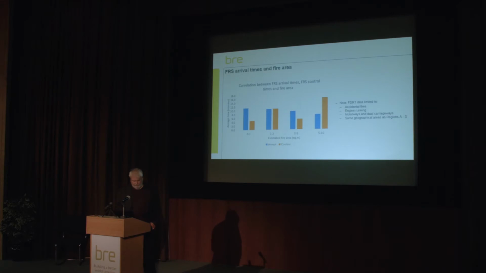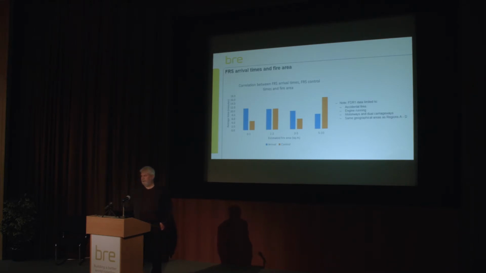What is also slightly interesting is that there does seem to be a little bit of a relationship, maybe just by chance, or it may be a causal relationship, that the arrival time does seem to be a little bit shorter for larger fires, though not surprisingly the amount of time between arrival and control is larger for larger fires.